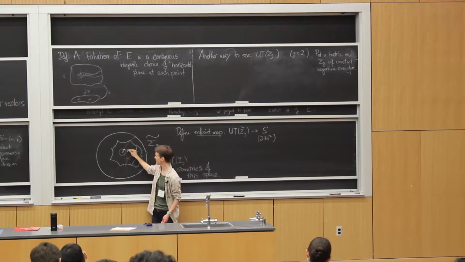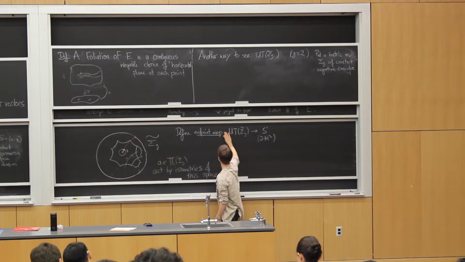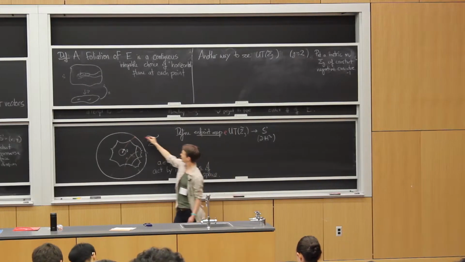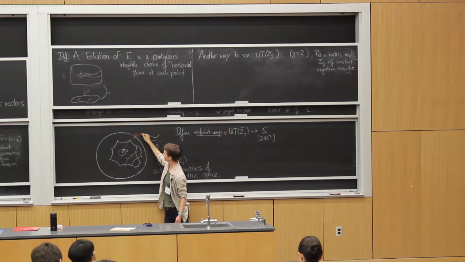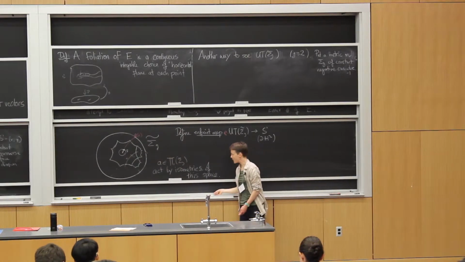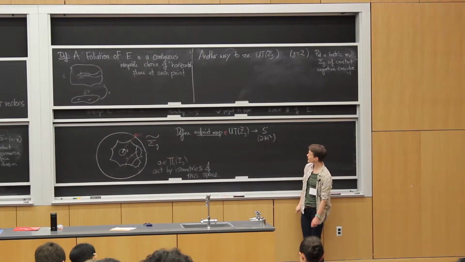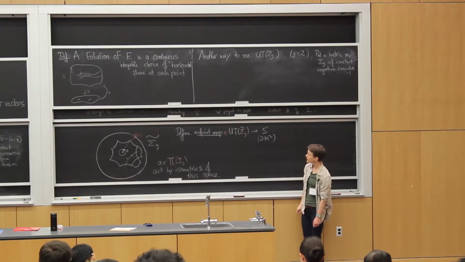So if this vector is V in my unit tangent bundle, let's call the endpoint map E. Here is E of V. Now, pre-images of points under this endpoint map.